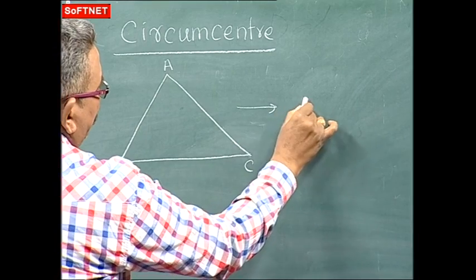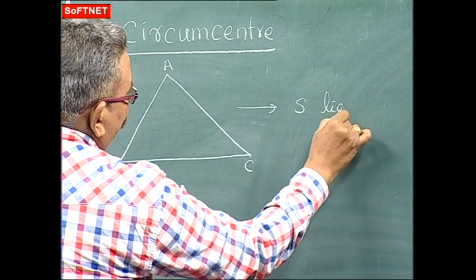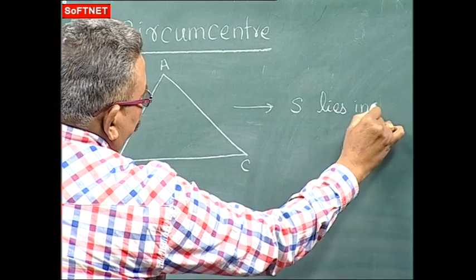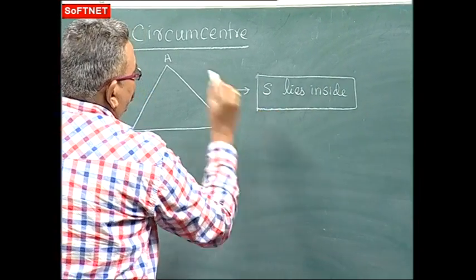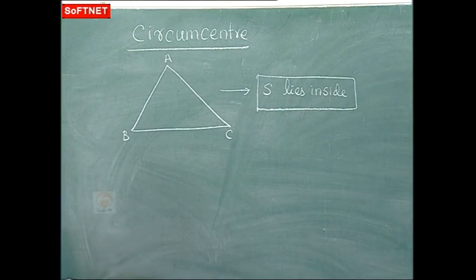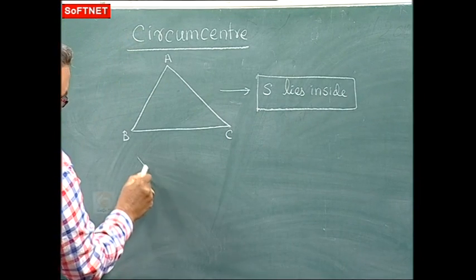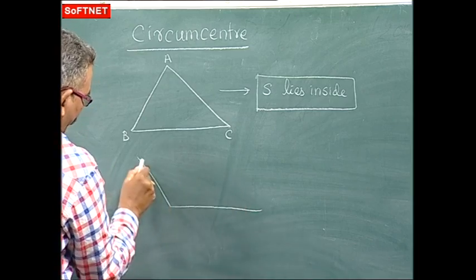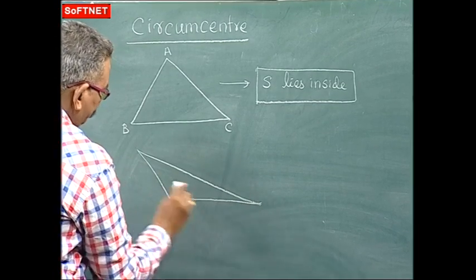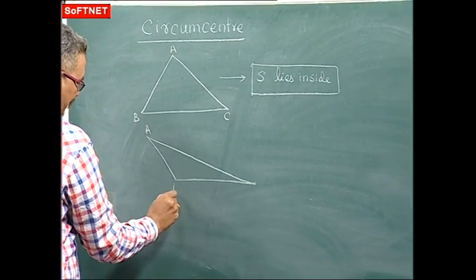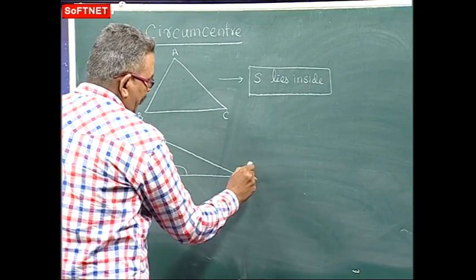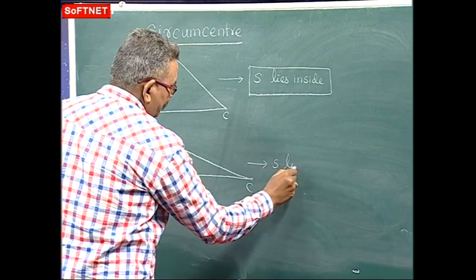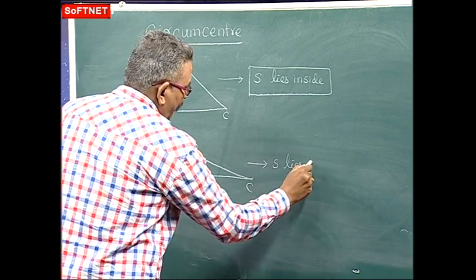Here S lies inside, just like the orthocenter. If you consider an obtuse angle triangle, say ABC, in this case S lies outside.